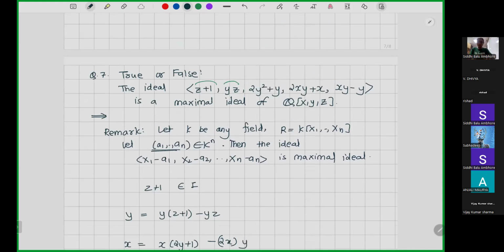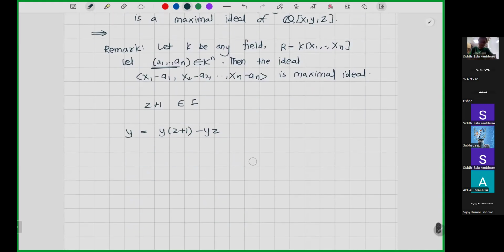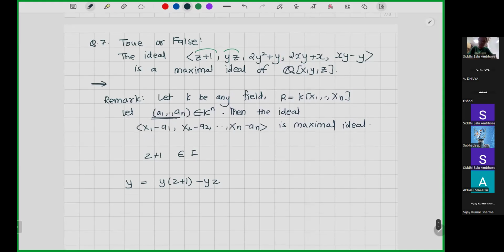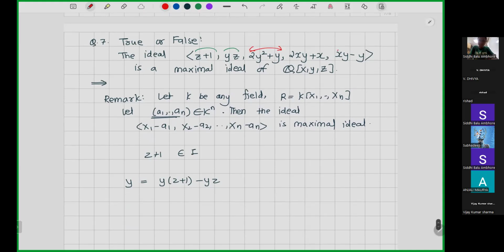So how I got this 2y plus 1: the moment I have y, I can get rid of terms which contain y. So y is a monomial, so I can just remove all the monomials which have y. So this is gone. Now I have this.